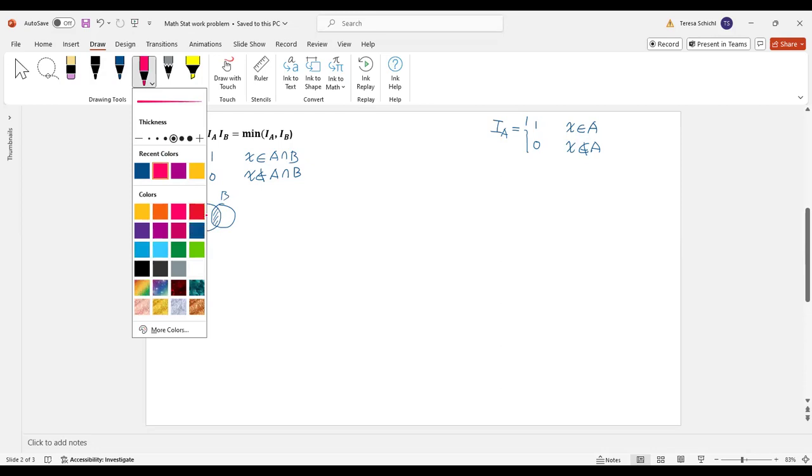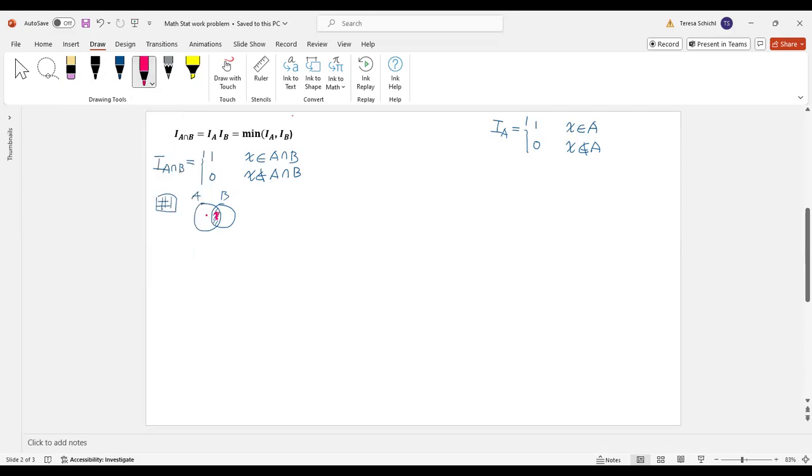If my x is inside here, then I have x belongs to A and x belongs to B, because x is in the intersection. Because x belongs to A, by the indicator function, IA is 1. And this means indicator B is equal to 1.